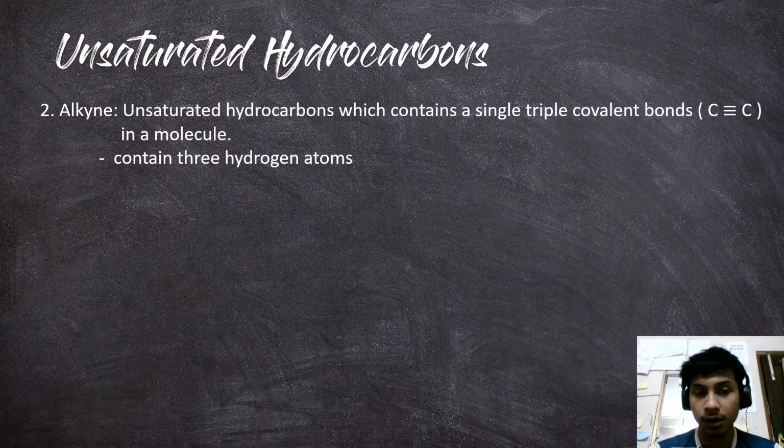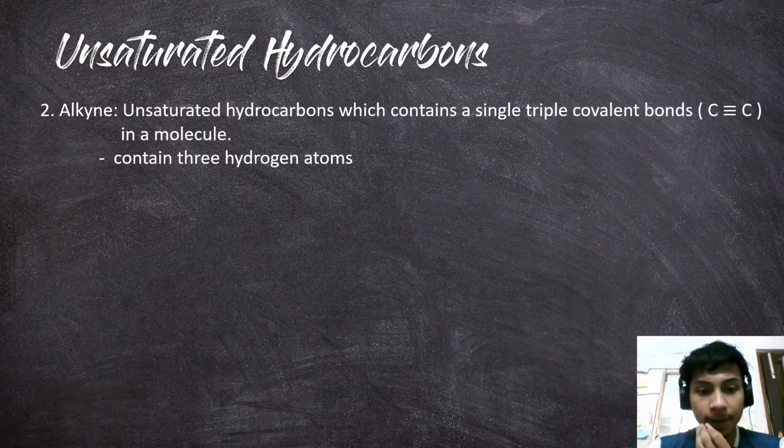In alkenes there is a pi bond, that is a double bond, but in alkynes there is a triple bond. Alkynes are unsaturated hydrocarbons which contain a triple covalent bond, that is C triple bond C, with three hydrogen atoms.